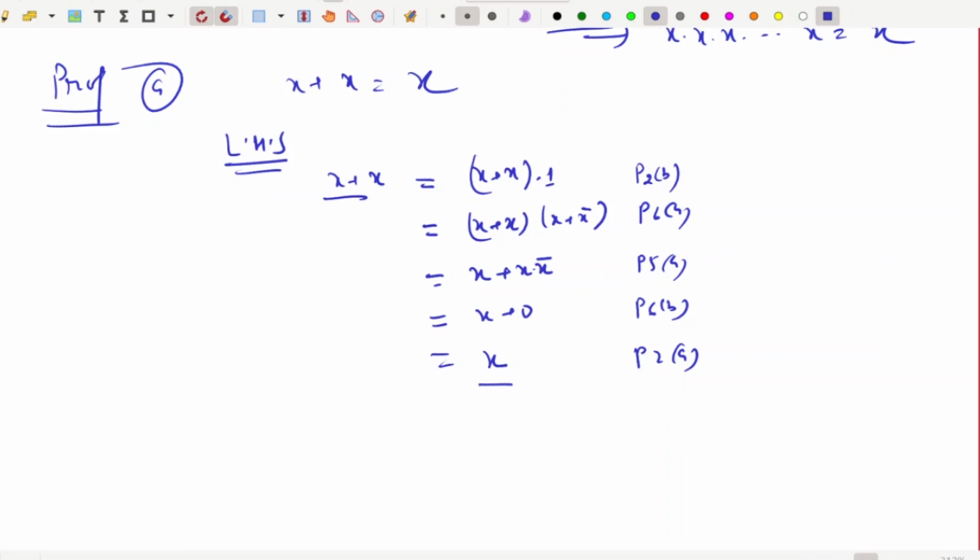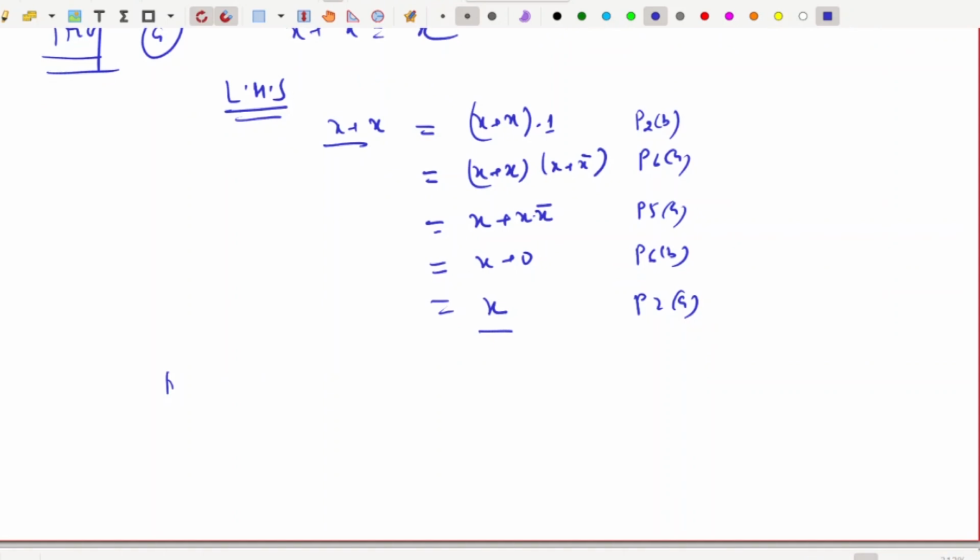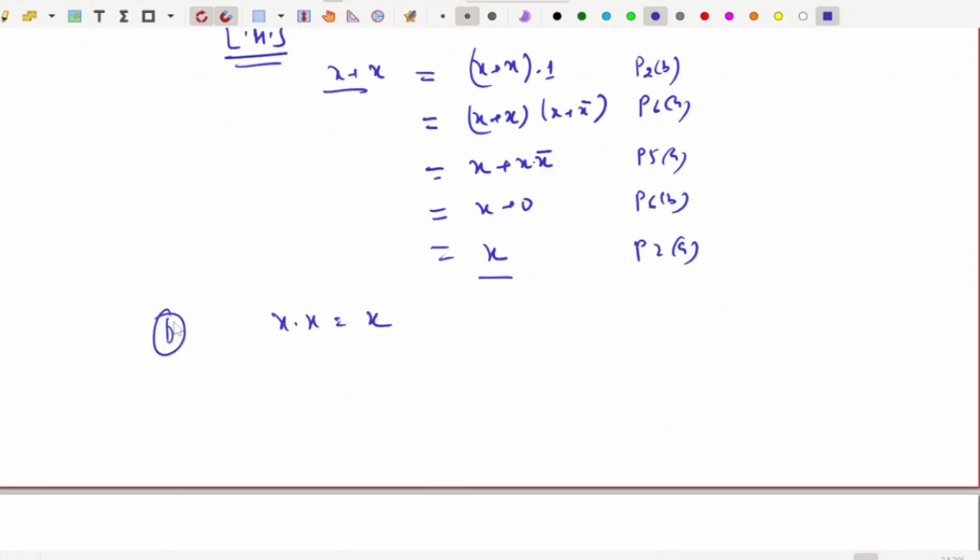And again, for proving the b part, x dot x is equal to x, what we have to do here? Let us take the left hand side and prove it is equal to the right hand side. Left hand side is x into x.